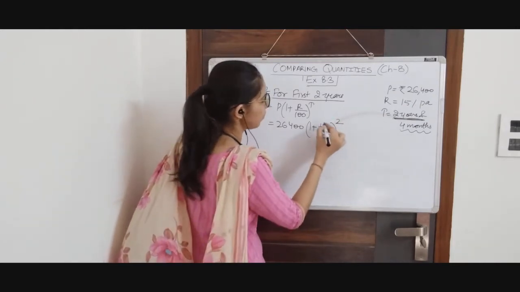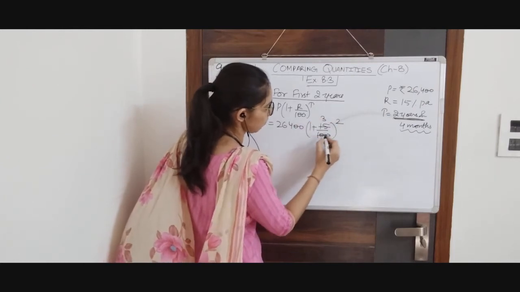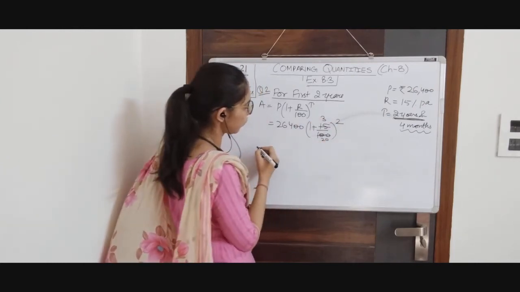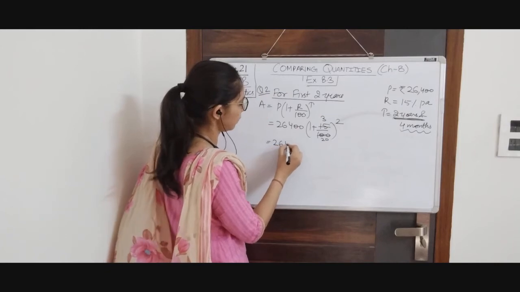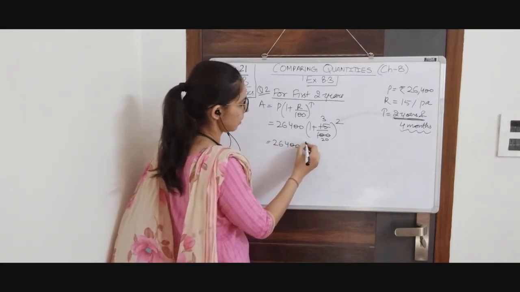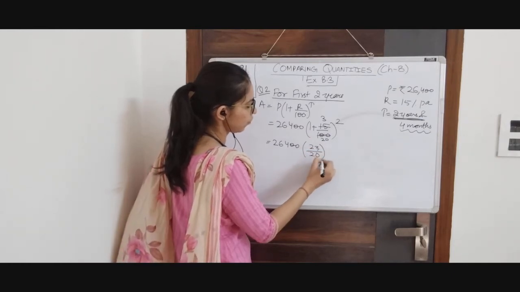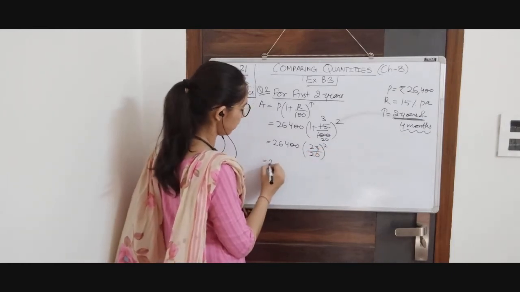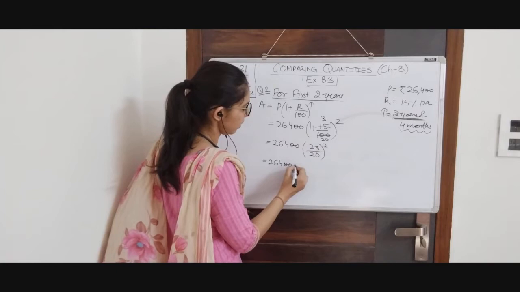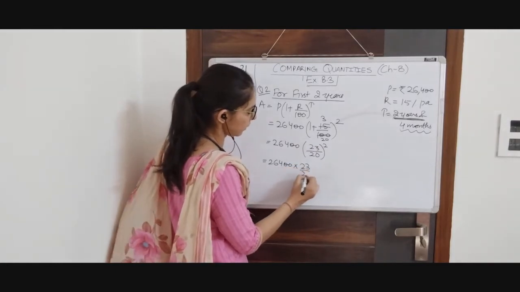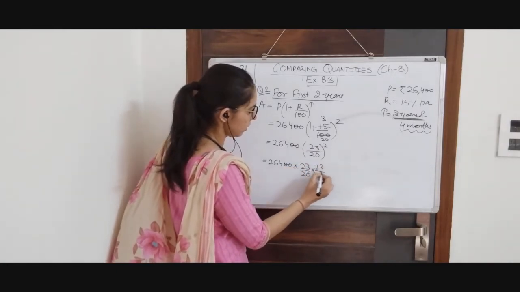Now 3 by 20, it is equal to 26,400 into (23 by 20) to the power 2, it means it is 26,400 into 23 by 20 into 23 by 20.